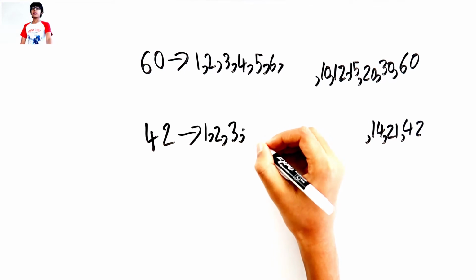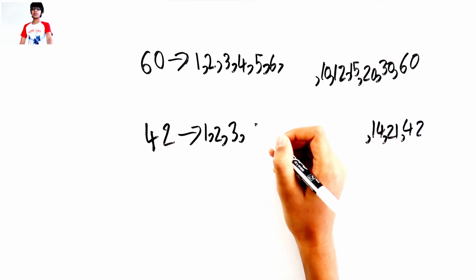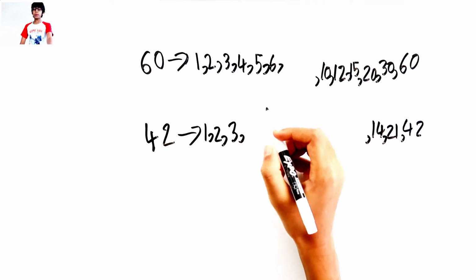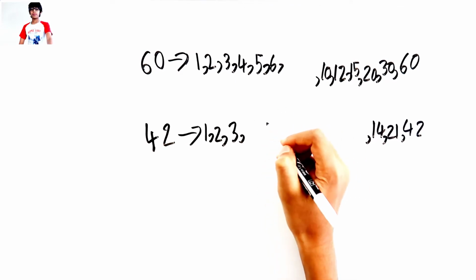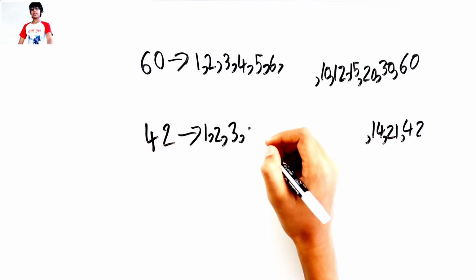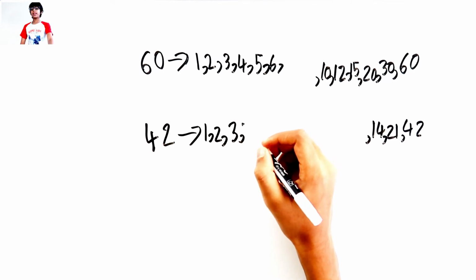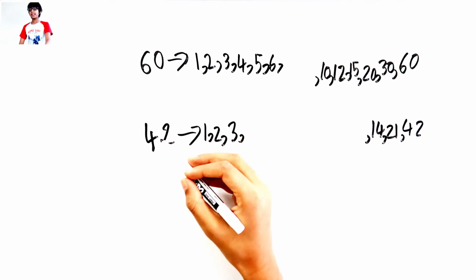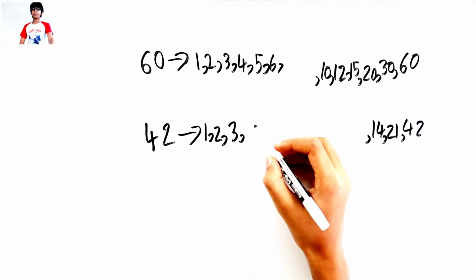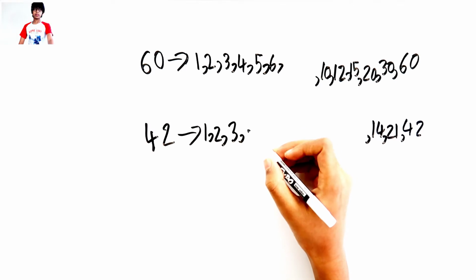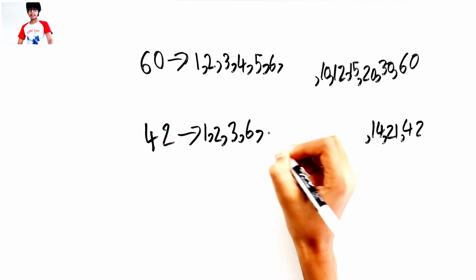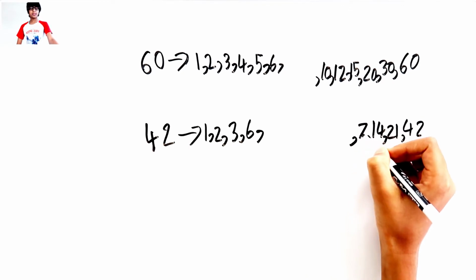We can't do 4 because 4 times 10 is 40, 4 times 11 is 44. We can't do 5 because 5 can only be divided by numbers that end with a 0 or a 5. 6 times 7 is 42.